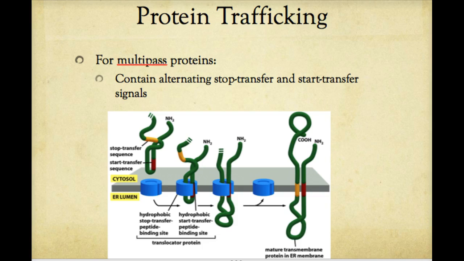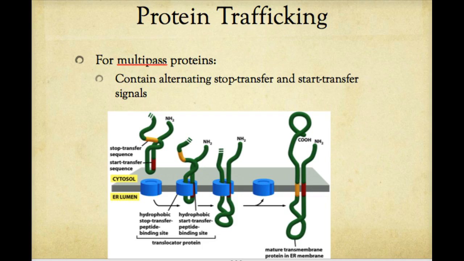So both of those descriptions, the description with the ER signal sequence and the stop transfer sequence, and then the description of proteins that don't have an ER signal sequence but have a start transfer sequence, both of those are going to end up creating integral membrane proteins that are single pass. But what about multi-pass proteins?